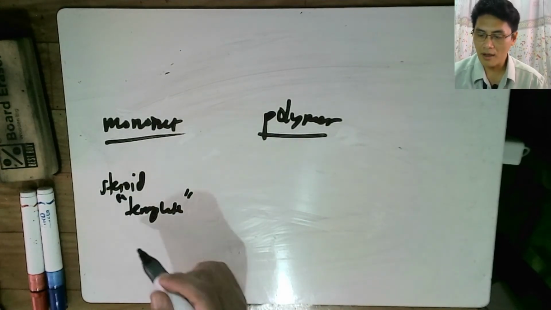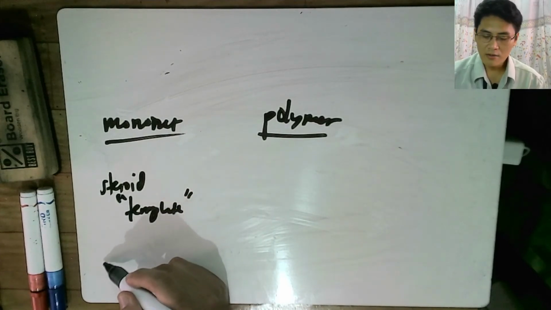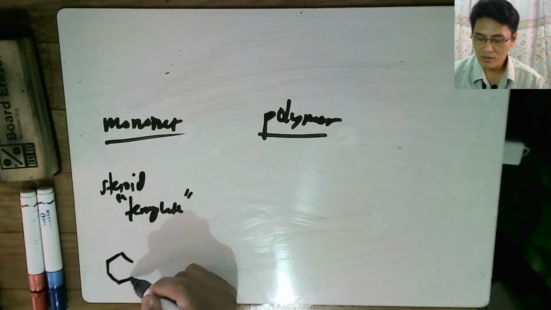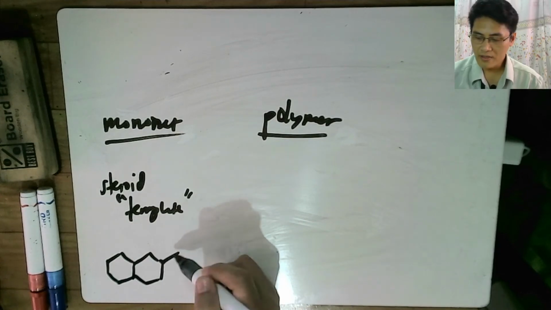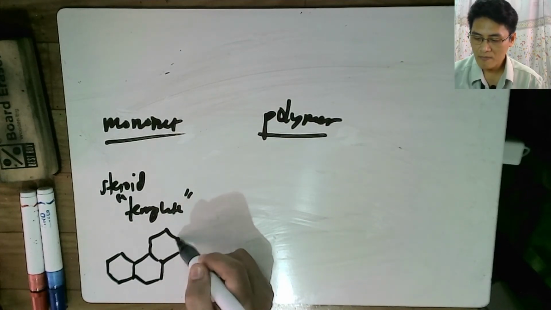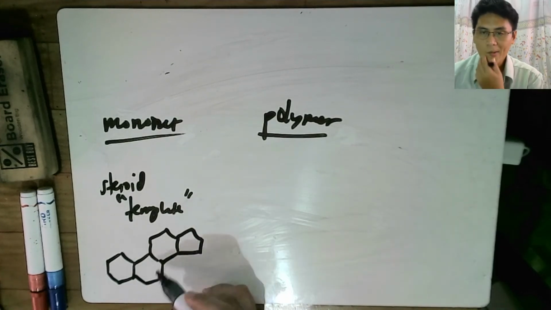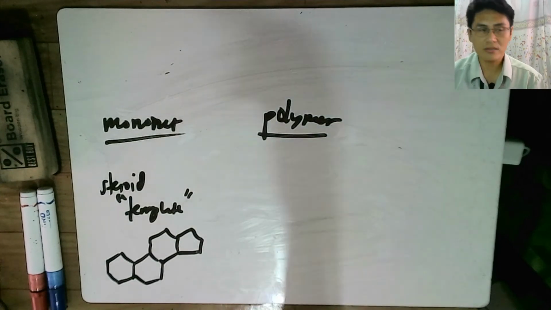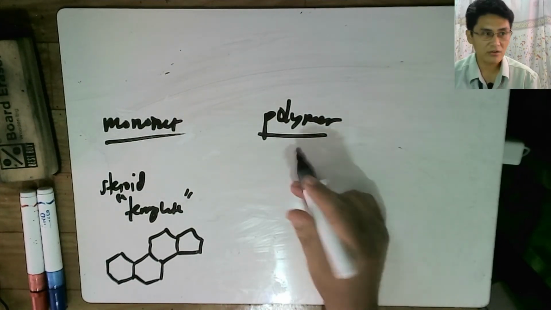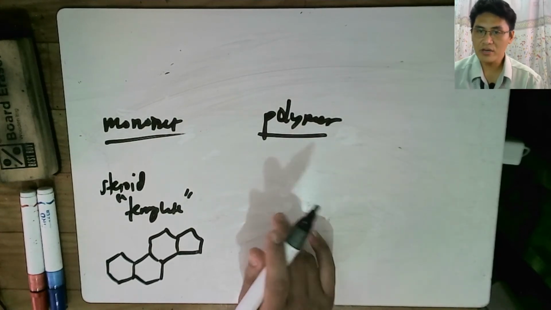This is not a correct scientific term, but what I mean are the four fused rings. So you have hexagon, hexagon, and then another hexagon. And then here you have a pentagonal shape. That is the basis, the monomers. The polymers that they can create are all steroid based, like cholesterol, testosterone, estrogen, vitamin D, cortisone, all those other stuff.